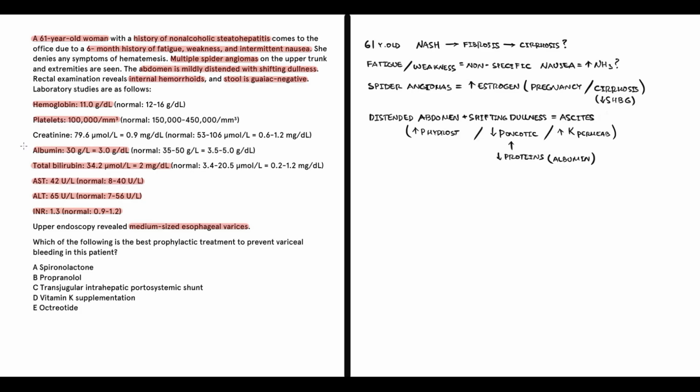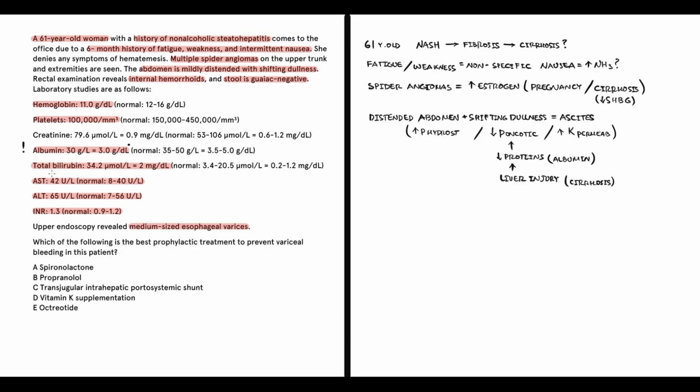And as we see, this patient has a low albumin level. The reason is that albumins are produced by the liver. So chronic liver injury, especially if the patient has cirrhosis, can cause a substantial decrease in albumin production, which can cause ascites.